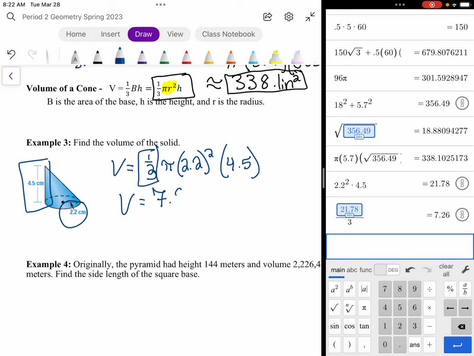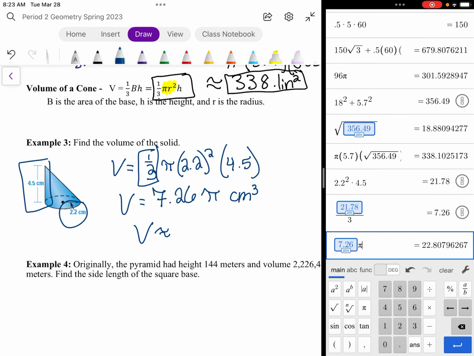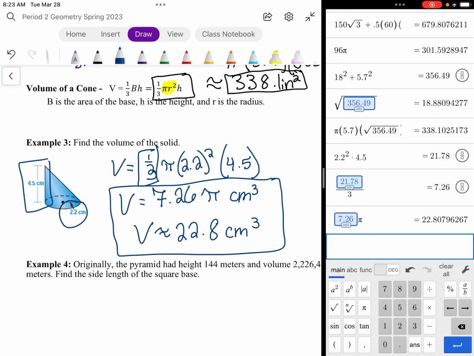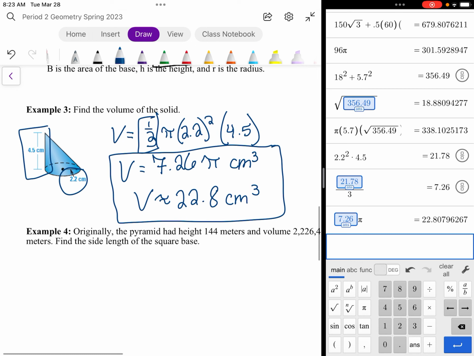So that's going to give us 7.26 pi for our volume. So if they, again, say leave in terms of pi, that would be your final answer. If they say to round, you would take that answer and multiply it by pi on your calculator. So this would be the two possible answers. 7.26 pi, or about 22.8 centimeters cubed.